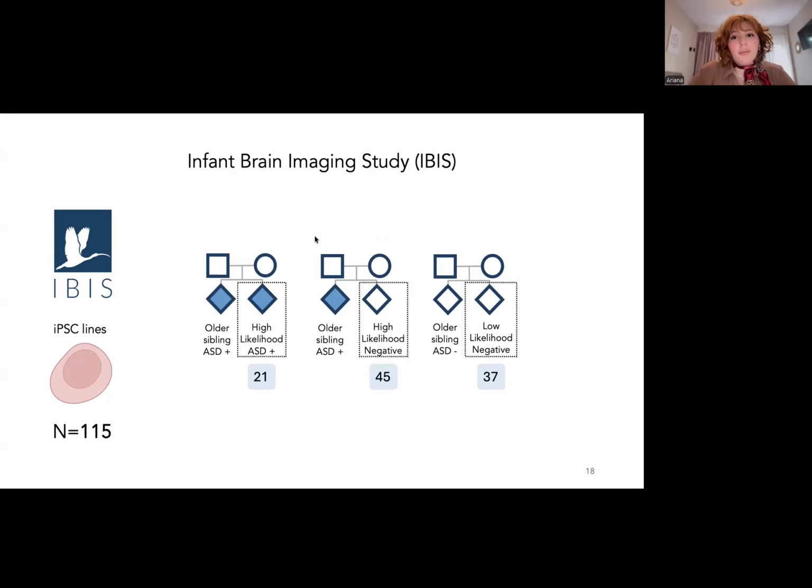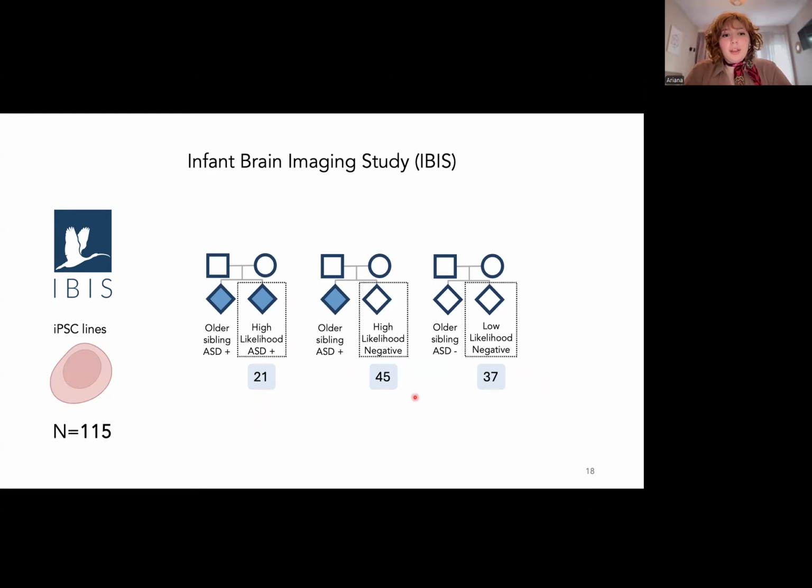Across our iPSC cohort, we therefore have 3 family categories: individuals that develop autism, those that didn't develop autism, and, as negative control, individuals from families with no history of autism.